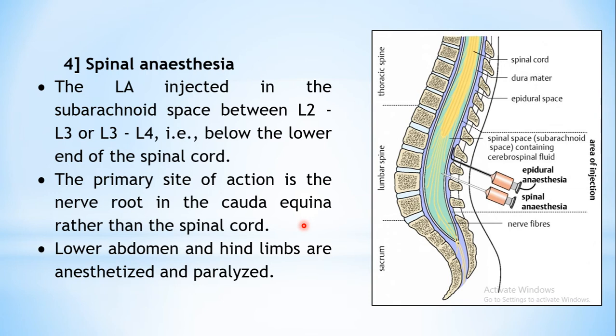Basically these nerves found in this region supply the lower abdomen and the hind limbs, that is your lower limbs. So the lower abdomen and your legs will get anesthetized and paralyzed, meaning pain sensation is abolished and the motor function is also abolished.